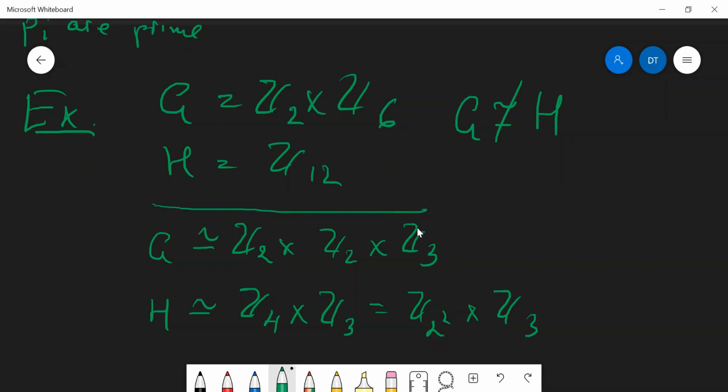And you see this form and this form, they are different. So here we have 2 factors with Z2 and Z2, and here we have just one factor, Z_{2^2}. So this explains that G and H are not isomorphic using the second presentation.